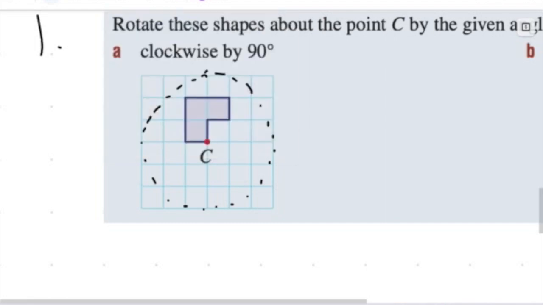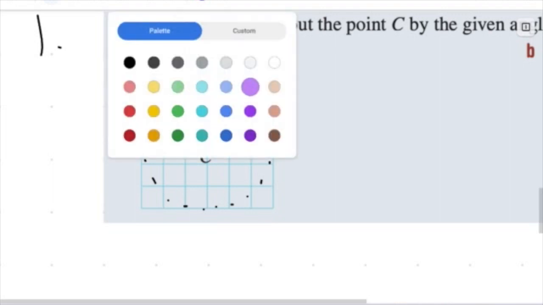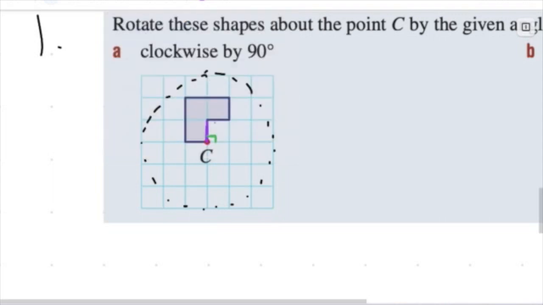Let me draw it in purple. If I rotate this 90 degrees to the right-hand side, because I'm going clockwise, what's this going to look like? Well, a 90-degree angle is just this one down here. It's a right angle. So my purple side is going to be going in this direction.